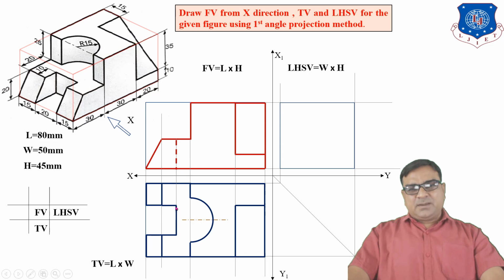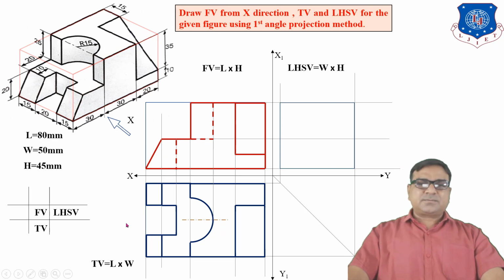The top view of that surface is here. Which line or which surface is hidden? The semicircle you cannot see from front view. So the end of the radius means this surface is represented by a hidden line, and from front view this surface is also here.